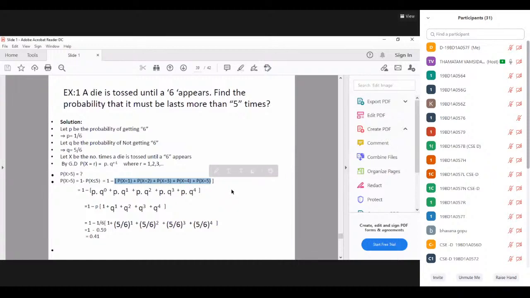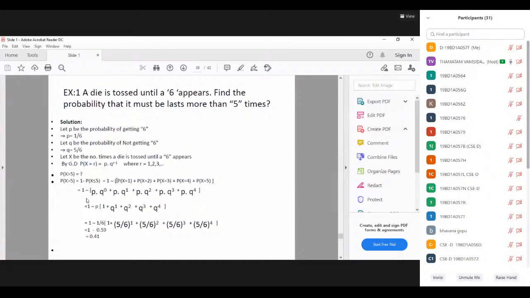Remember the geometric distribution: probability of x equals r is p into q power r minus 1.